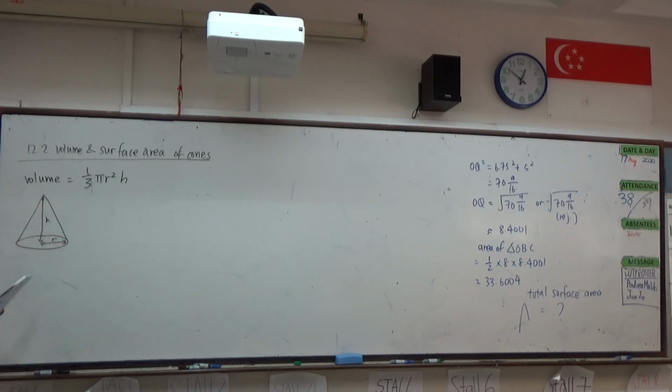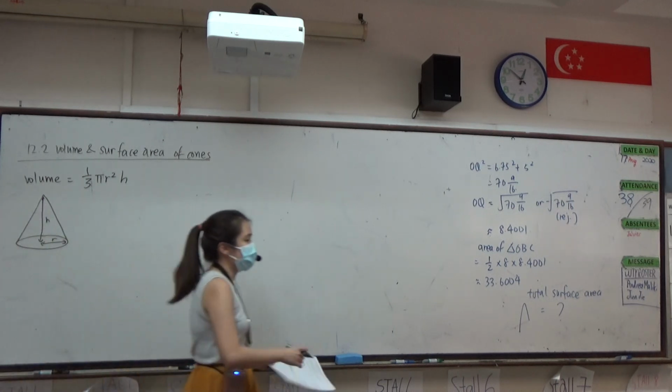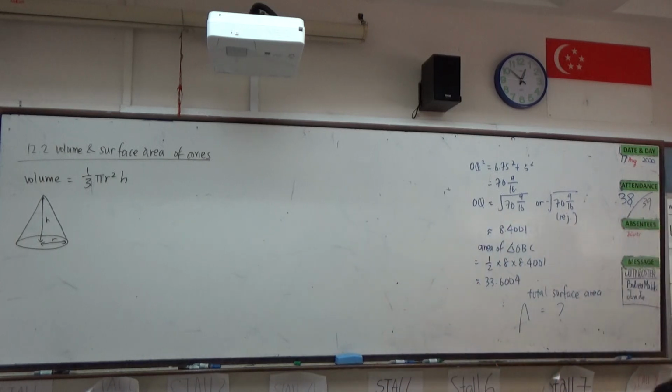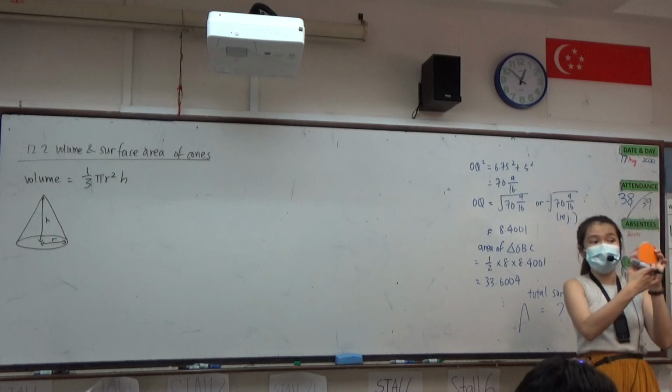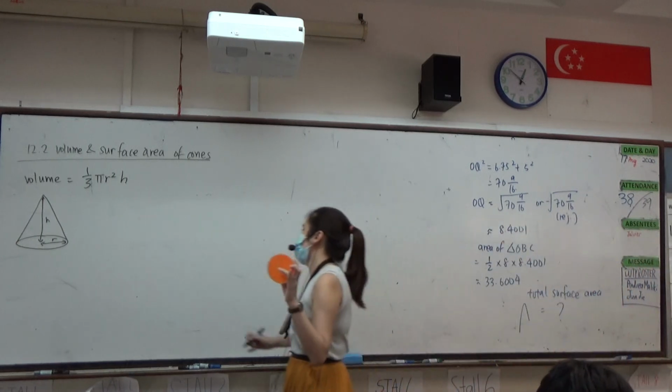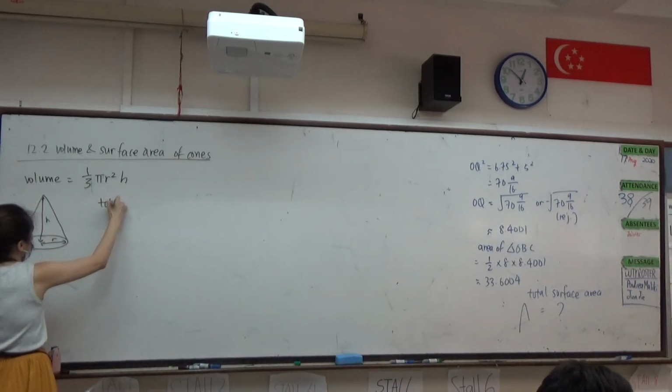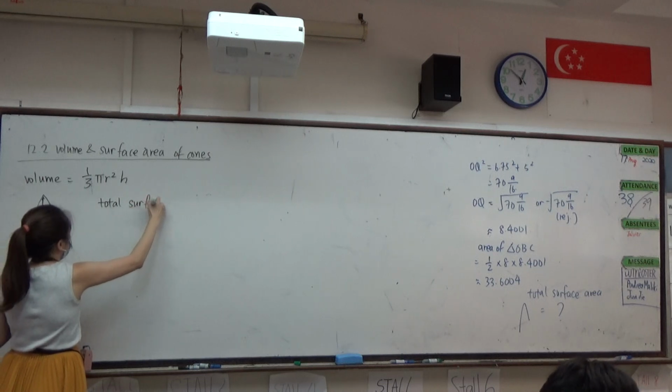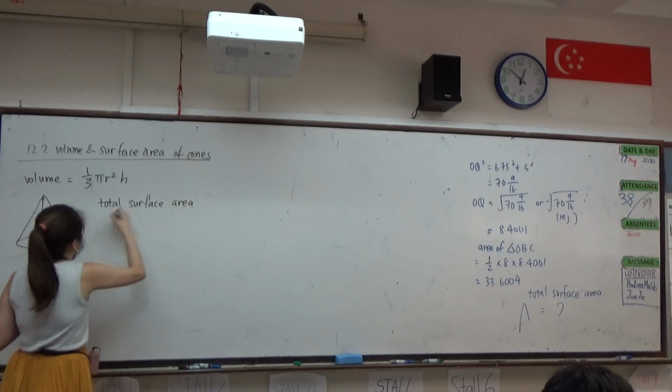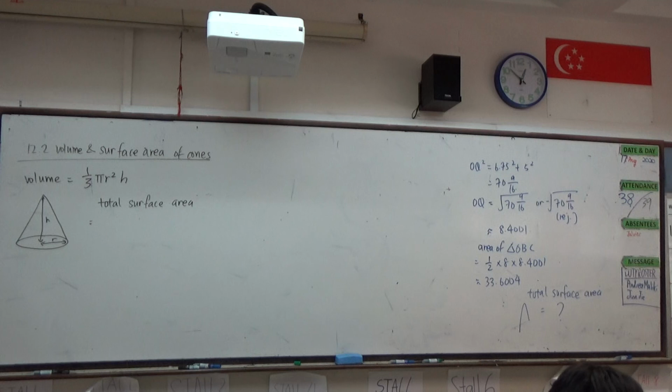Radius, height. Right? Now when it comes to surface area of a cone, we will have the rounded part at the top, and then after that, of course, the circle at the bottom. So total surface area of cone will include the top part and also the bottom.